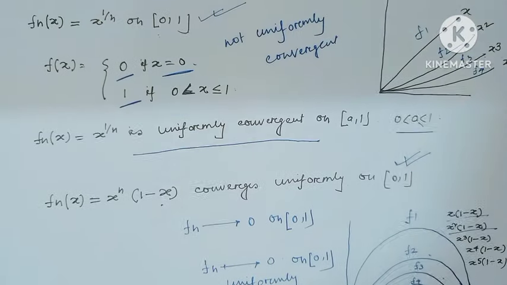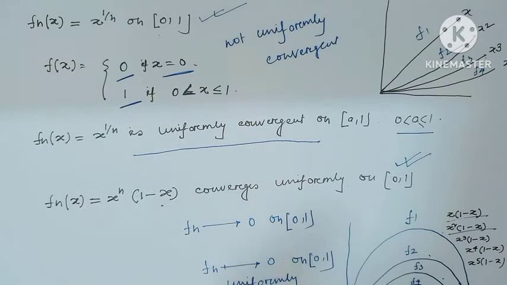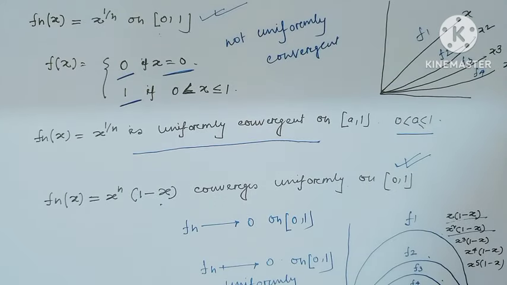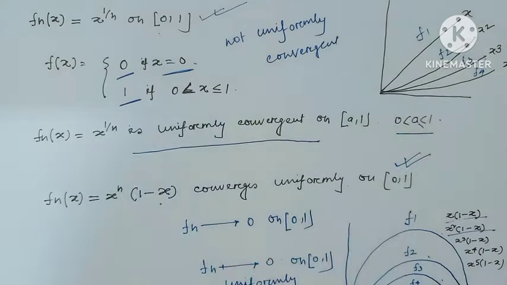I hope all my viewers have understood this type of theorem. If you know Dini's theorem, you can easily tell whether a sequence of functions is uniformly convergent or not. I hope all my viewers have understood that Dini's theorem is the easiest way compared to the Mn test.